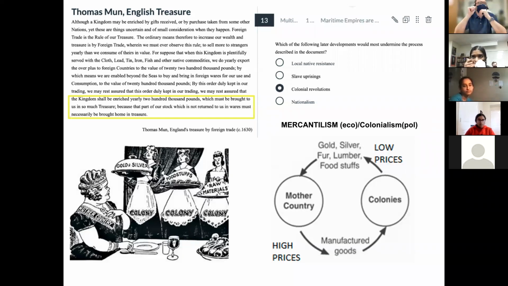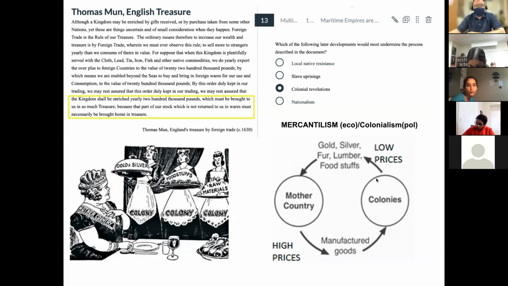If you look at the question that's up there, it's one of those examples again of first two on the stimulus will be about the document and the time period. The third will bridge it to another time period. So if this was the system being described in the document, these will undermine it later. If you think about the American Revolution and all the Latin American revolutions, it's trying to disrupt this system.